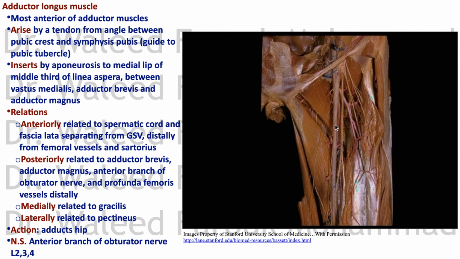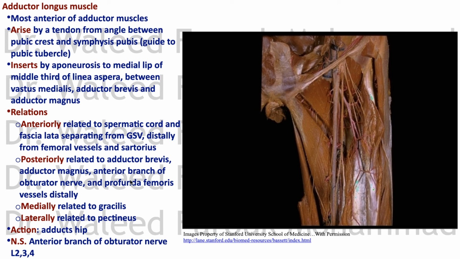Okay, femoral vessels, as you can see here, anterior relation, and Sartorius. And actually the adductor longus is between the femoral artery and the profunda femoris artery. Femoral artery superficial, profunda femoris artery deep to the muscle.